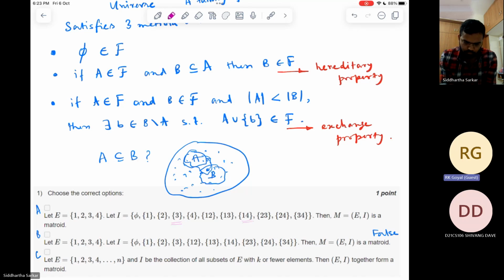Yes, there exists this element 1, so that 1 and 3, and this 1 3 is a part of the family. So yes, that is how it is correct.